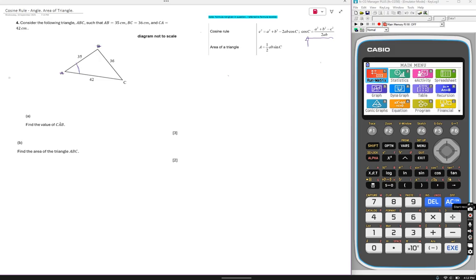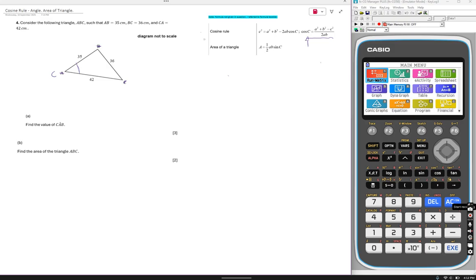Don't scribble these out completely because you need to make sure you're answering the question. But instead of that A, I'm just going to relabel that as C because going back to my formula, it just makes it easier in my head.